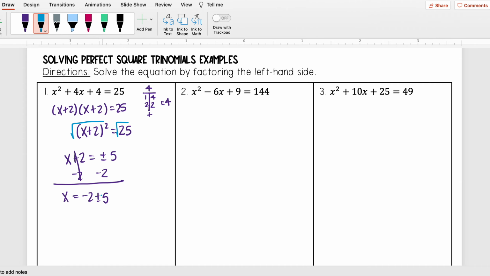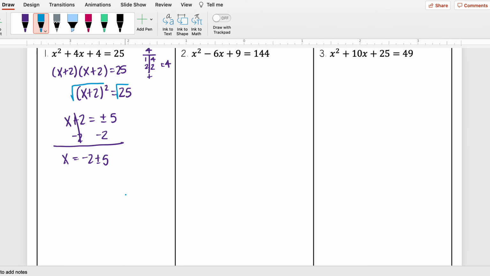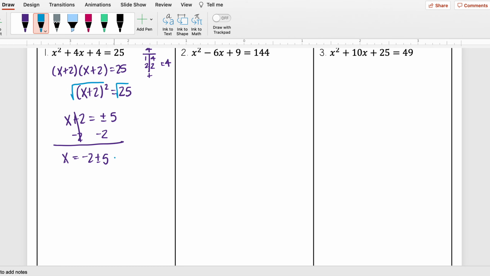And then, if you recall, I'm just going to separate this into two different equations. I'll have negative 2 plus 5 and negative 2 minus 5. Negative 2 plus 5, I get 3. And negative 2 minus 5, I get negative 7. So my answers for this are x equals negative 7 and 3.